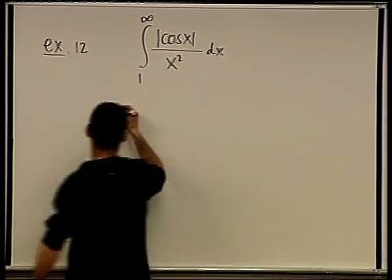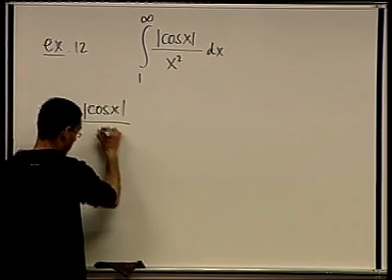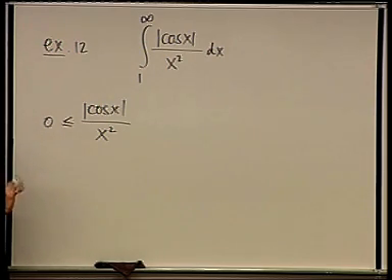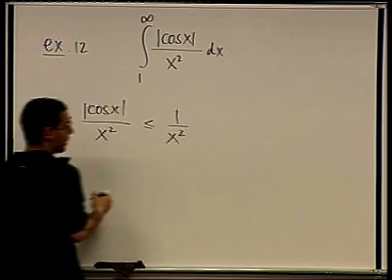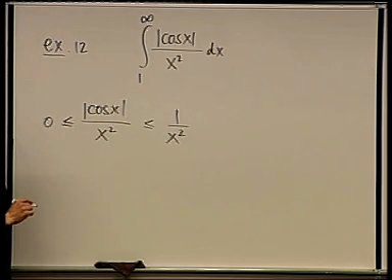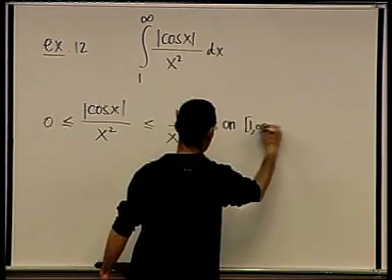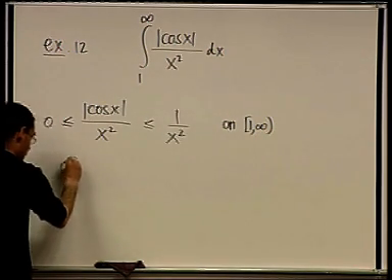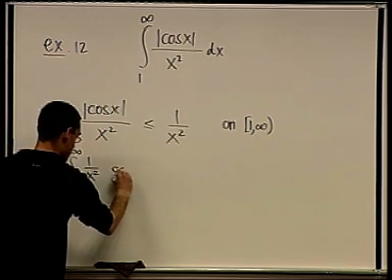So, here goes. Absolute value of cosine x over x squared. Well, it's non-negative. I'm safe here. And on the other hand, it's less than or equal to 1 over x squared because cosine is always at most 1, on 1 to infinity. Does everybody agree to this? The integral from 1 to infinity of 1 over x squared converges.